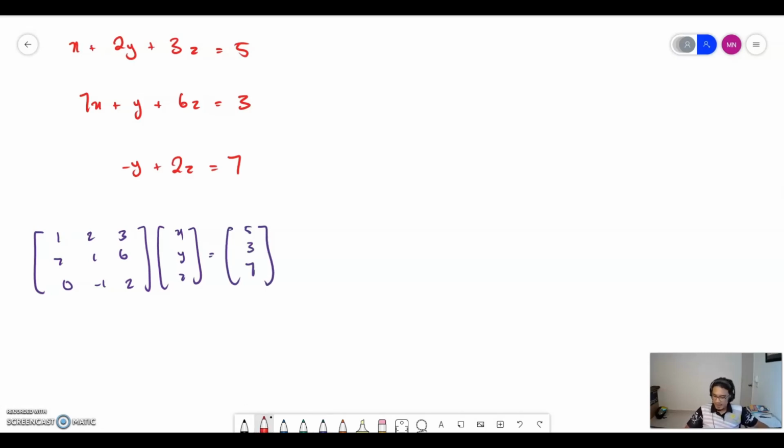So by Gauss-Jordan elimination method, we rewrite it into another form: 1, 2, 3, 7, 1, 6, 0, -1, 2. And on the right side is the matrix B, 5, 3, and 7.